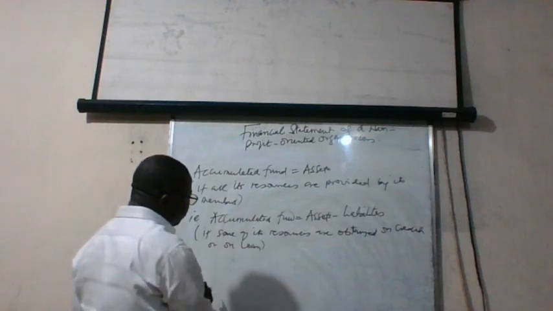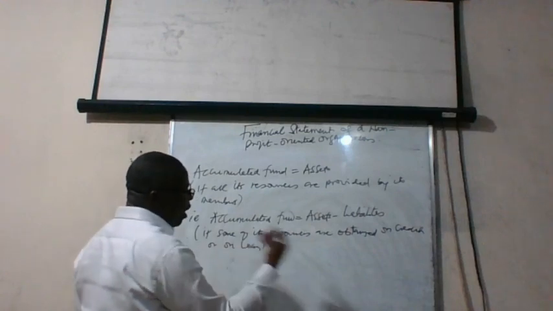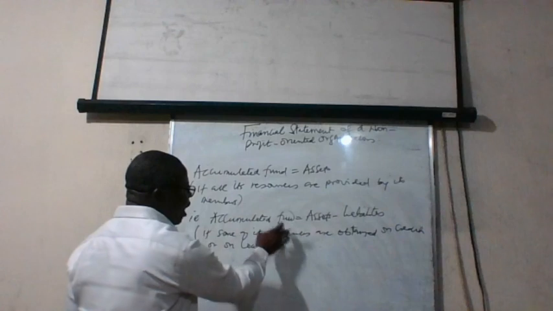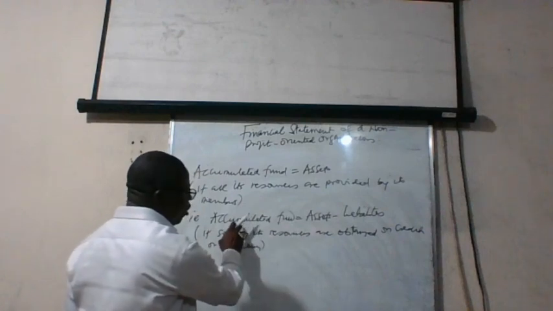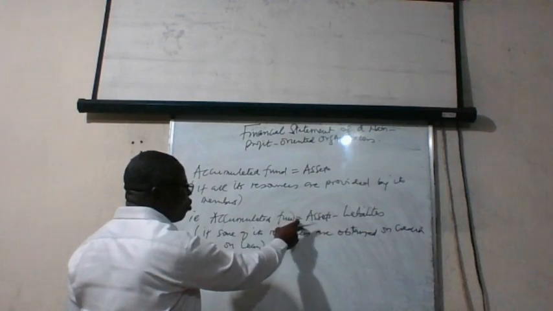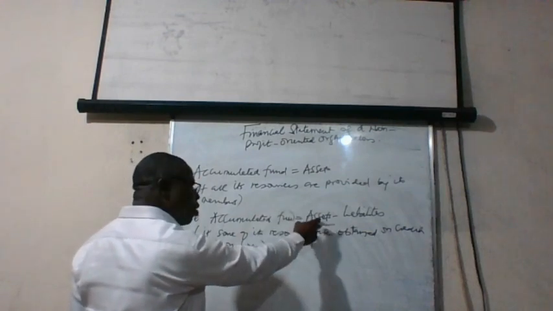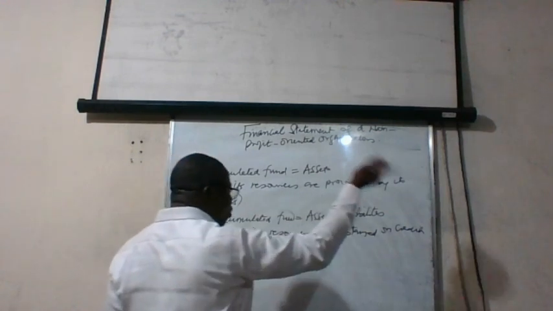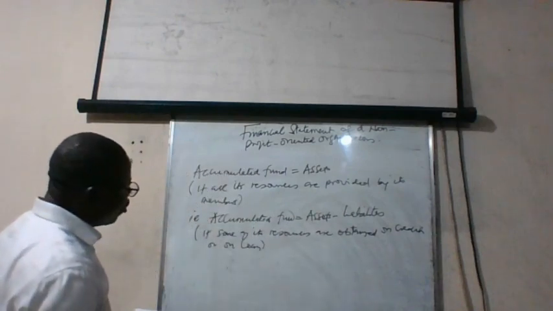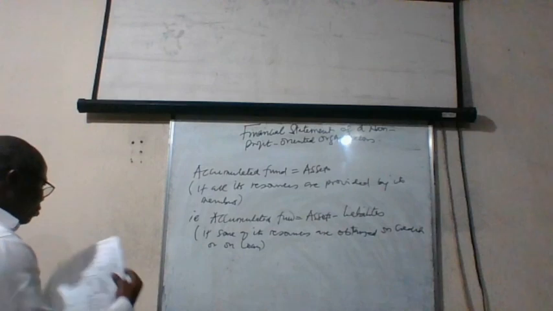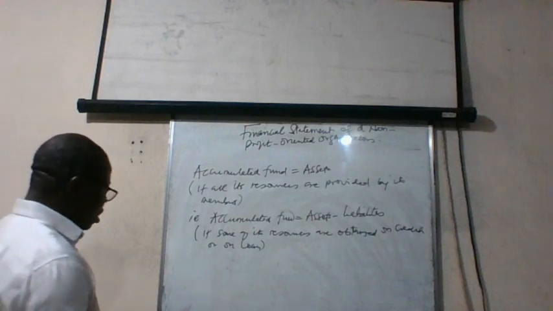So if some of the resources were acquired on credit, this will be the outcome equation. The accumulated funds will be equal to the assets of the organization, what the organization owns, minus what they are owing, and will give you the capital or the accumulated funds.